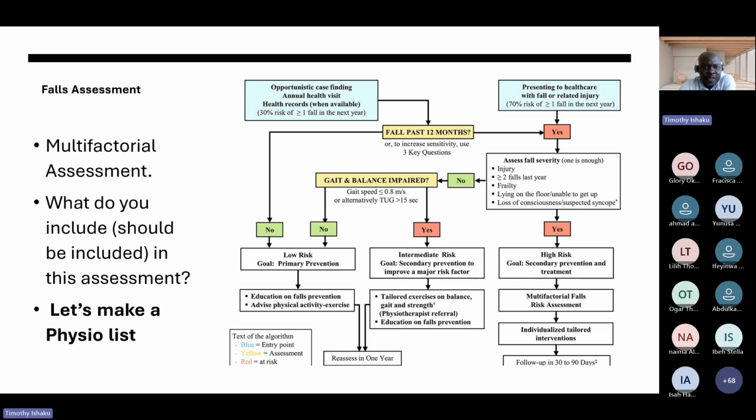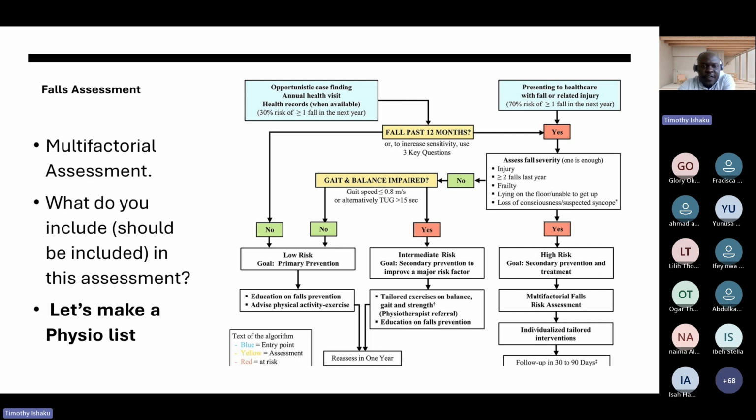It's not that you've presented because of falls or falls-related issues, but maybe you went in for different issues and then it was picked up in your records that you are at risk of falls. That also, if you had a fall, you have a 30% chance of having another fall.